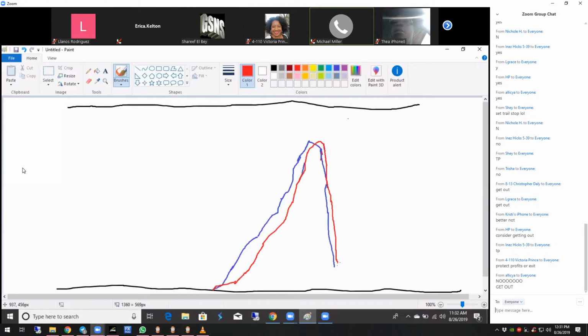That would probably be your best entry, because most of the time in consolidation it'll trick you. Both lines pretty much run together, and they cross back up. Especially on Mondays and Fridays, you have trap movements. So you pretty much wait for the blue line to get ahead of the red line even before your entry.